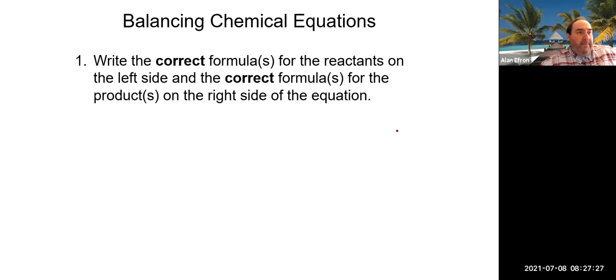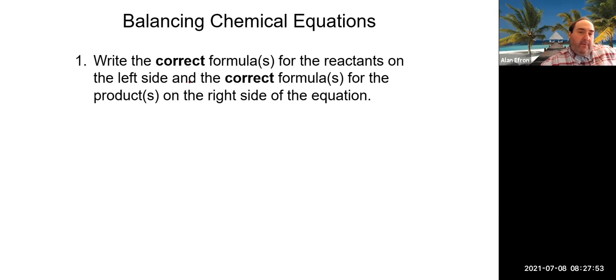Sometimes people try to balance and write formulas at the same time. What they end up doing is screwing up really badly. They end up with the wrong formulas, with numbers in the wrong spot, and they sit all day trying to balance something that will never balance because they're not starting with the correct formulas.